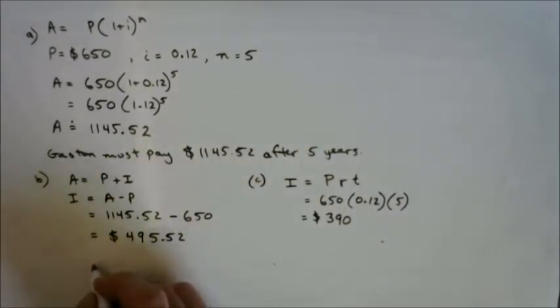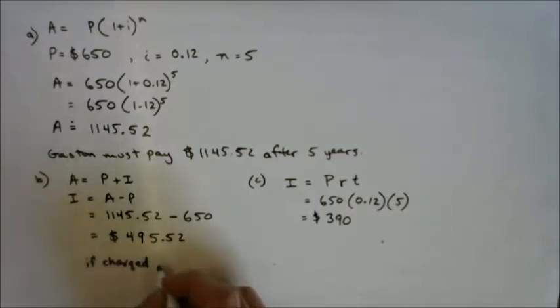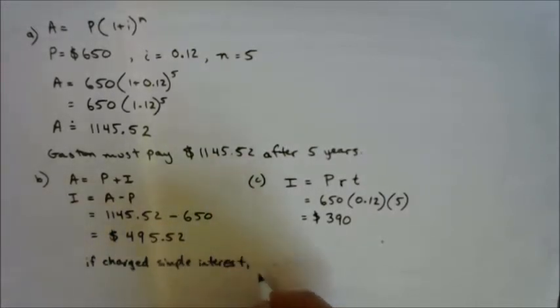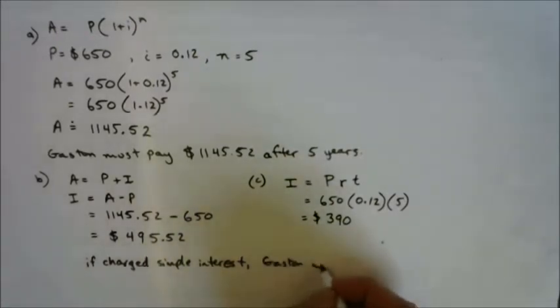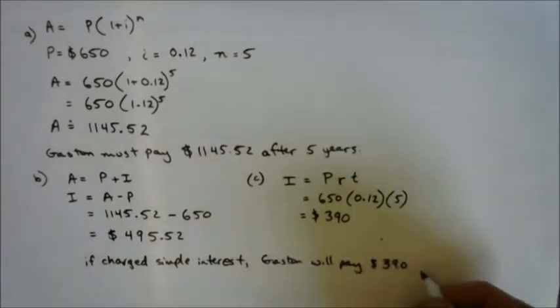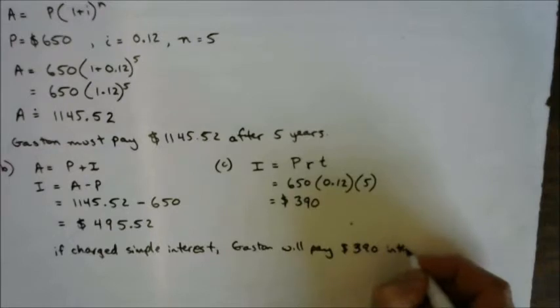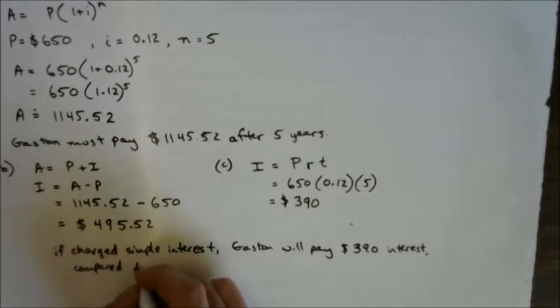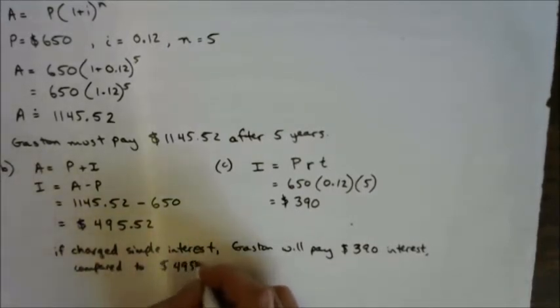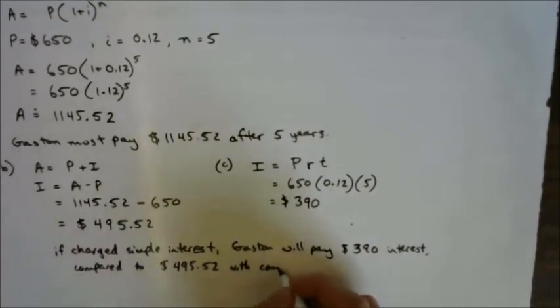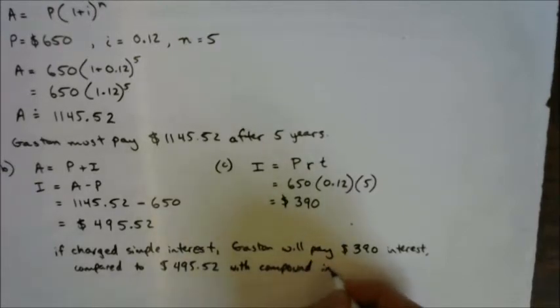So if charged simple interest, Gaston will pay $390 interest compared to $495.52 with compound interest.